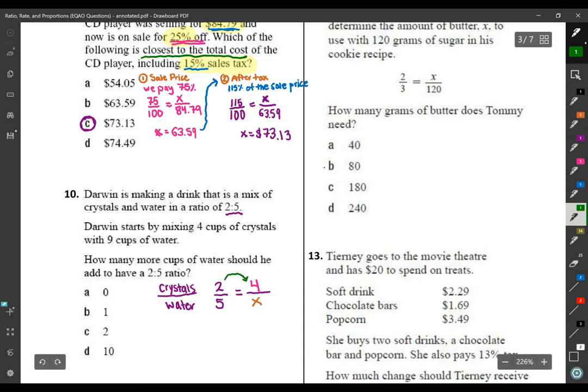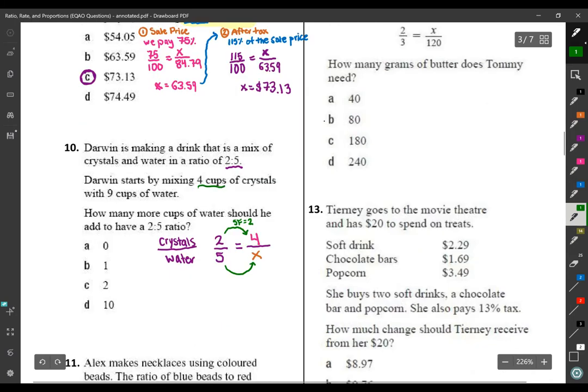So from 2 to 4 is a scale factor of 2, right? We're multiplying by 2. So that means we should multiply this by 2 as well. So that means that with 4 cups of crystals, we should have 10 cups of water.